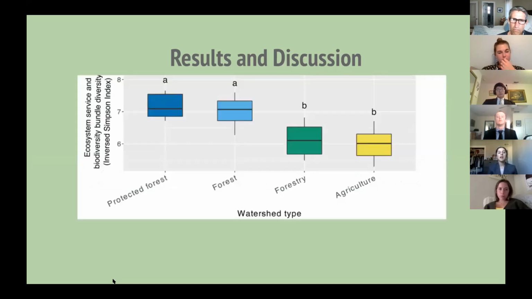So back to this, I'd just like to point out that the main conclusion or result that came from this article was that there wasn't much of a difference between protected forests and forest. It's as if the protected title had no real role in determining the differences between these ecosystems, which was very interesting because we all usually believe that protected forests and parks maintain the most biodiversity, better water, and things of that nature.